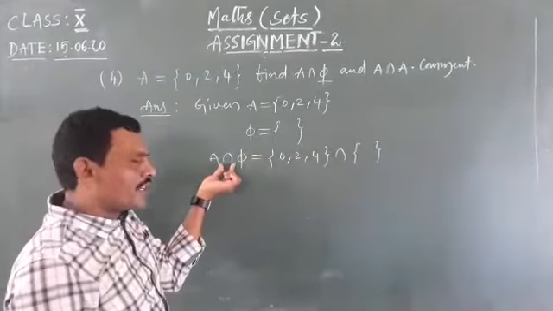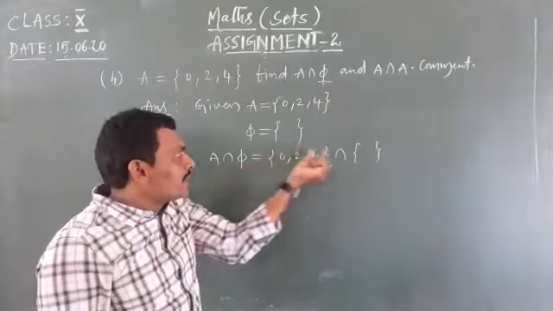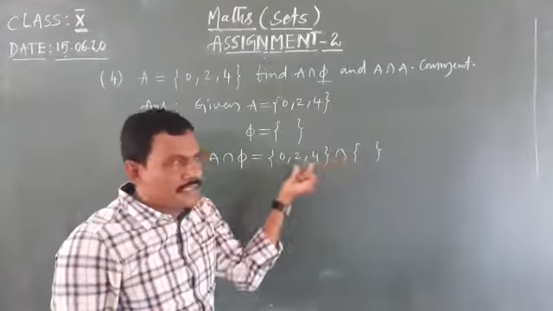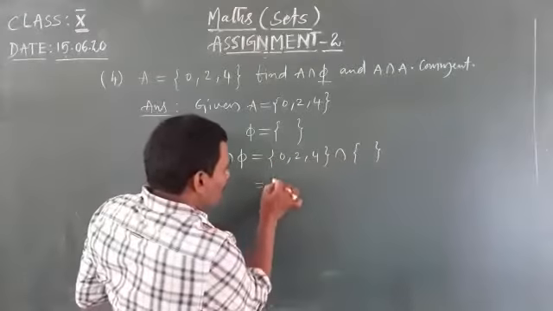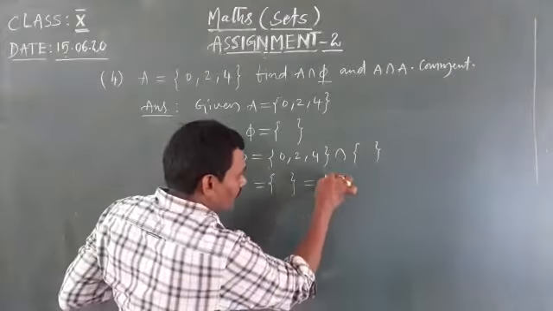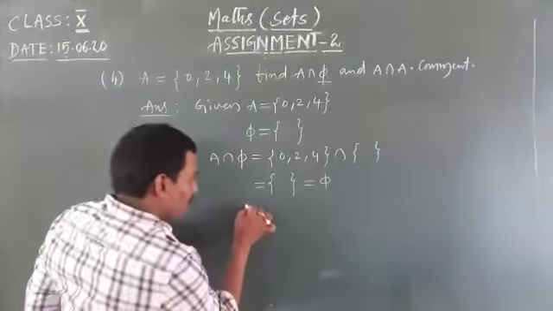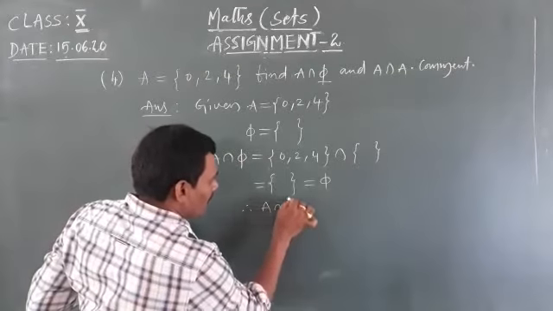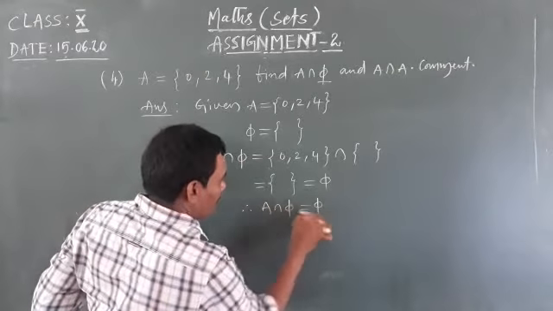What is the meaning of intersection? The common elements of the two sets. Here, in these two sets, there are no common elements, so the answer is the null set. Therefore, A intersection null set is equal to the null set.